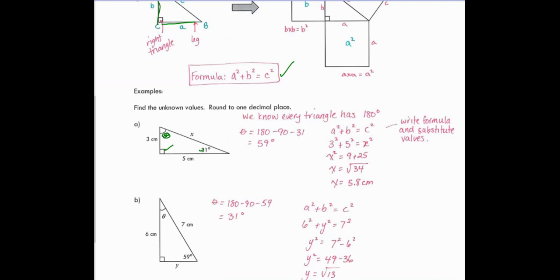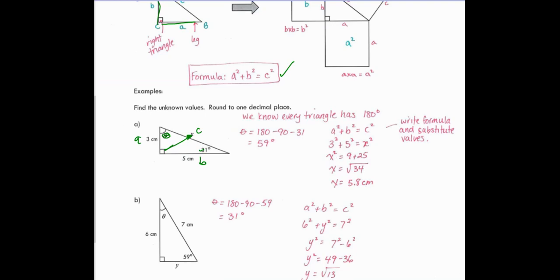Now going to the sides, you may want to label your sides A, B, and C. Always do the C across from the 90 degrees, right? That's your hypotenuse. So we put in 3, we put in 5, equals, and now C we replace with X because on the side for C, we actually call that side X as a variable.